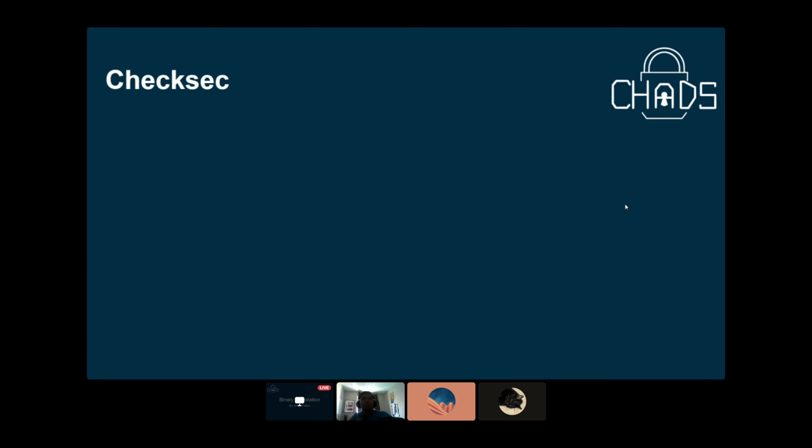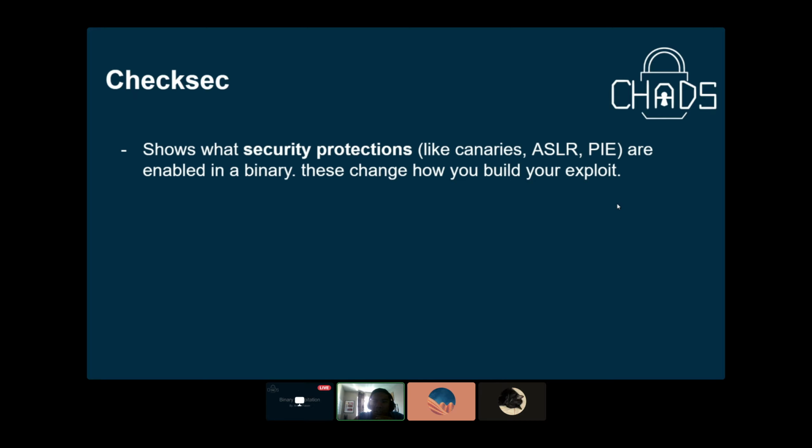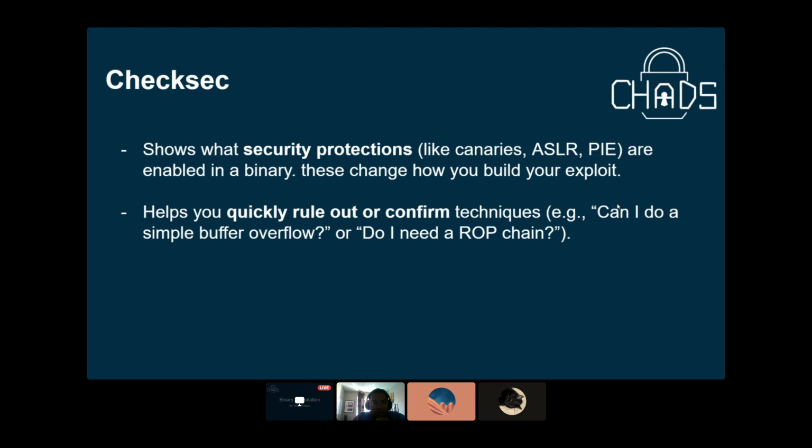And then you have checksec. With certain executables, sometimes they'll have protections over them, and checksec shows you which security protections are enabled on the binary, things like canaries and ASLR. It helps you quickly rule out and confirm techniques.